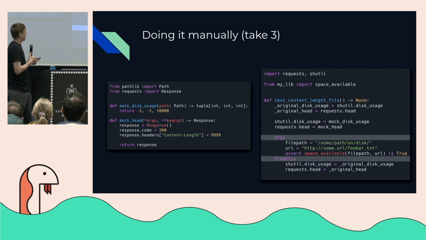Let's say that the function we're testing has an unexpected exception, which probably indicates a bug in the code that the tests are going to catch, but we still want to clean up our patching when that occurs. So we can wrap that in a try/finally statement so that when the test runs and maybe has an internal exception, it still gets cleaned up. We still put it back into its original state.